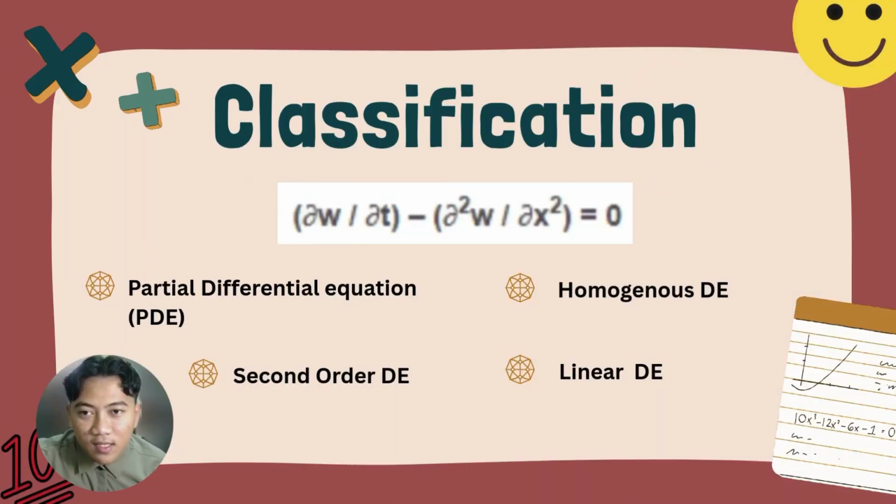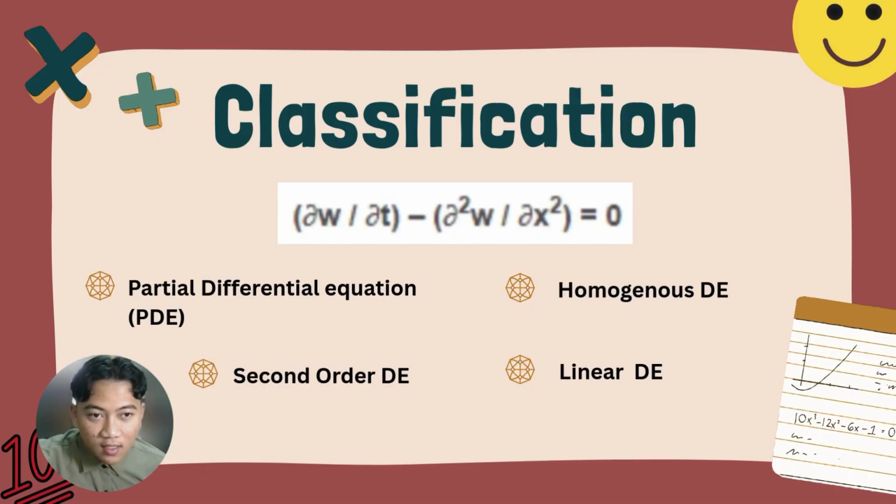Moving on to the classification of this heat equation. This equation falls under several classifications in differential equations. Firstly, it is a partial differential equation (PDE) because it involves two independent variables.